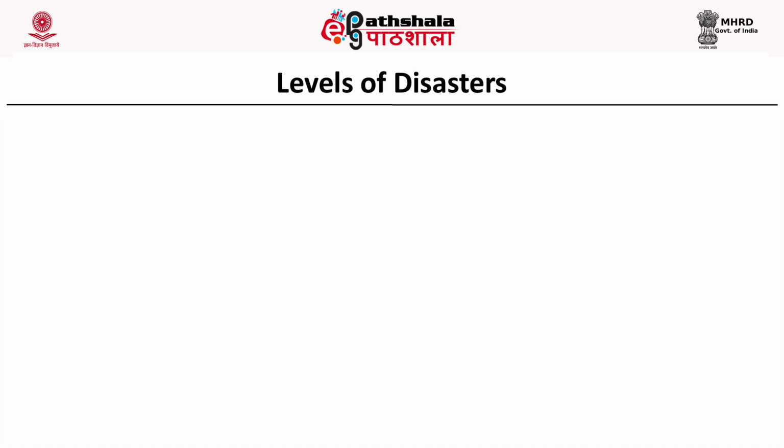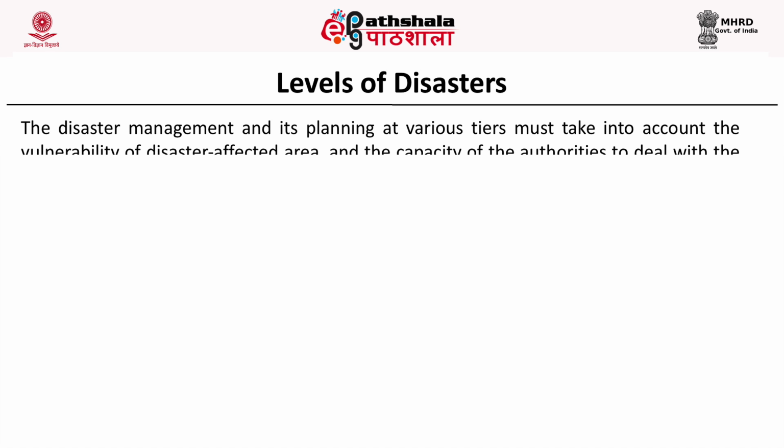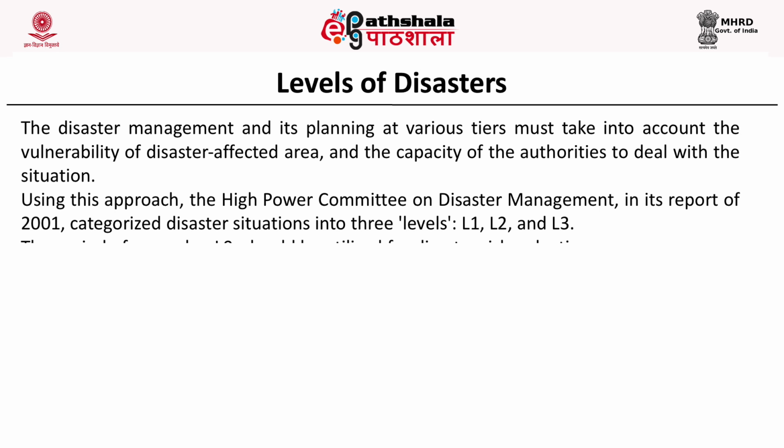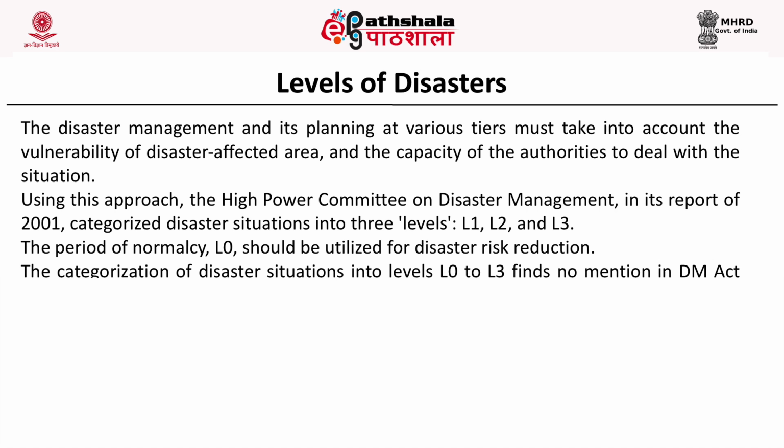So, while managing these, if we look at the disasters planning at various stages and the levels, the High Power Committee on Disaster Management in its report of 2001 categorized disaster situations into three levels, L1, L2 and L3. The period of normalcy, that is L0, should be utilized for disaster risk reduction.